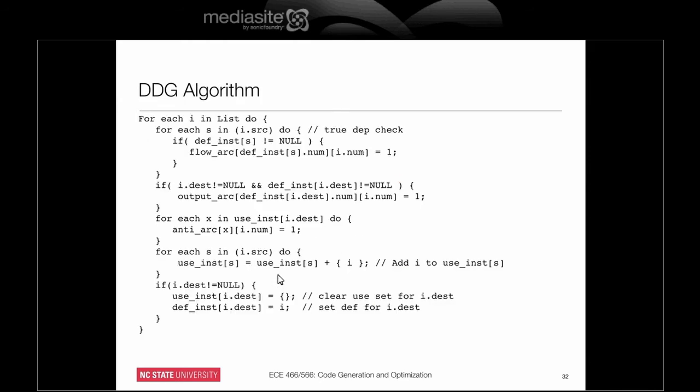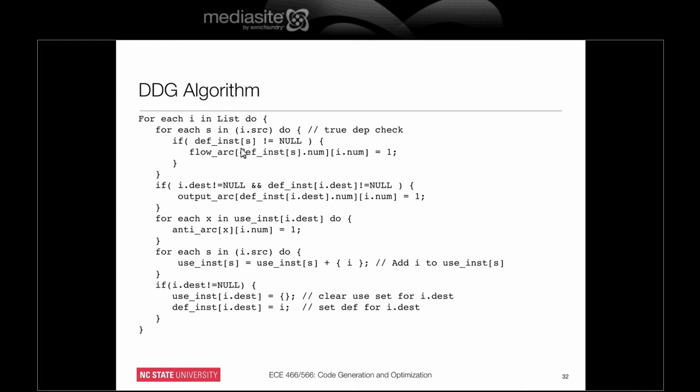All right, and then this is what the algorithm would look like. I just need to visit each instruction in the instruction list once. And when I do that, I'm going to do some bookkeeping so I can figure out all the dependencies. The first kind of dependence I'm going to look for is a true dependence. For every source register in the current instruction, look to see if there was a previous instruction that defined that register.